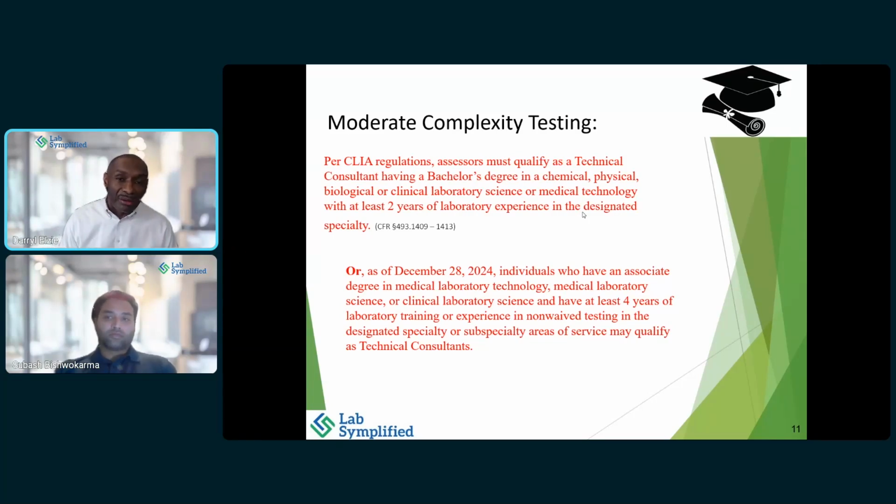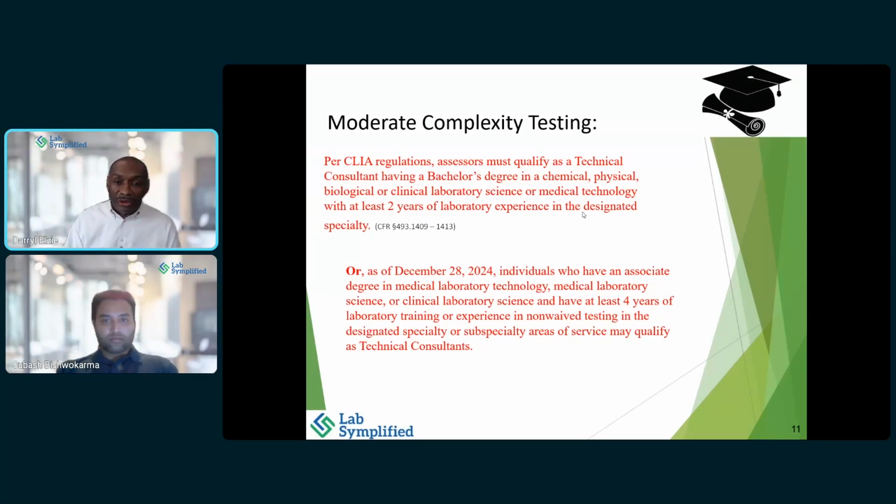They qualify as a technical consultant, which includes selection of PT, administering the proficiency testing program, all the things that are under that caveat for a technical consultant. Now, MLT can have that. It's now qualified. I was very happy to see that happen because that was an area of need.